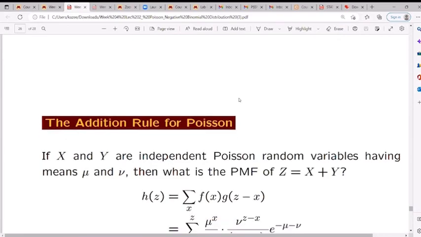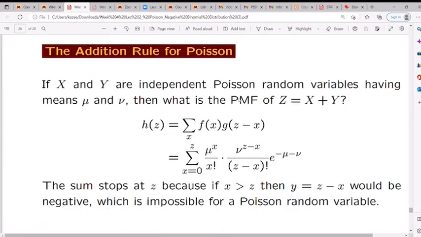Now if you want to apply this to the Poisson distribution, maybe we assume x and y are independent Poisson, x follows Poisson, y follows Poisson, and we want to get the probability distribution.